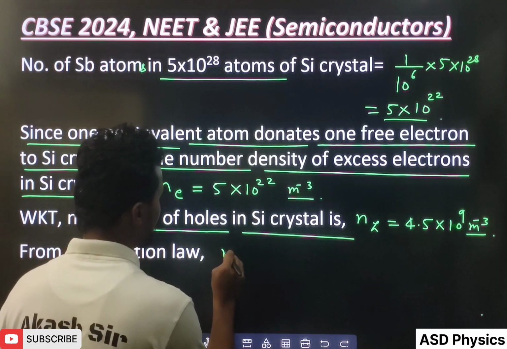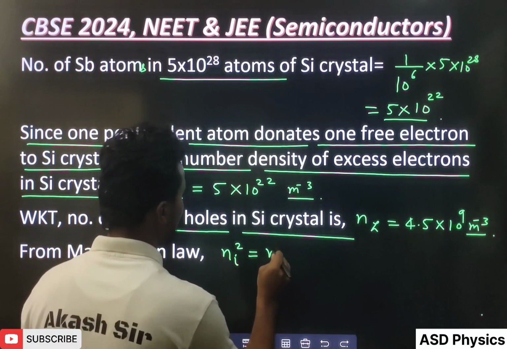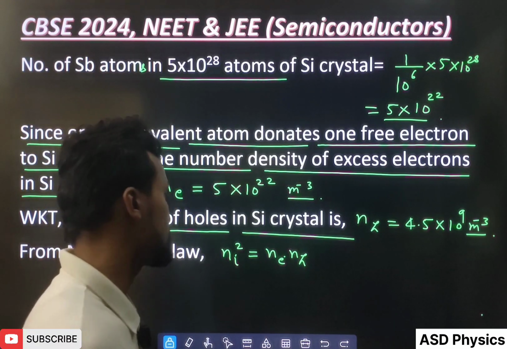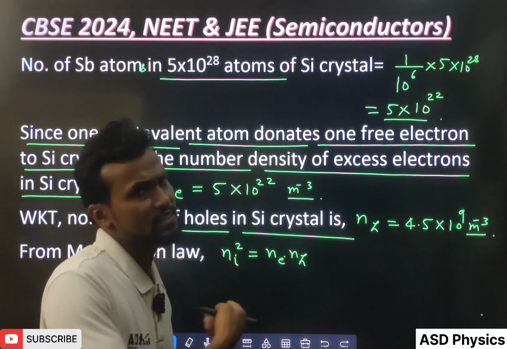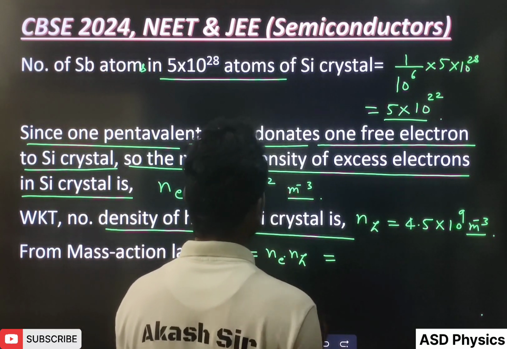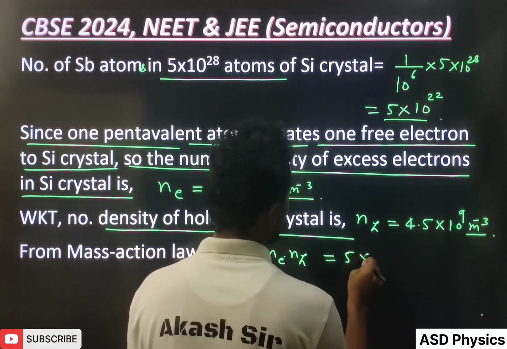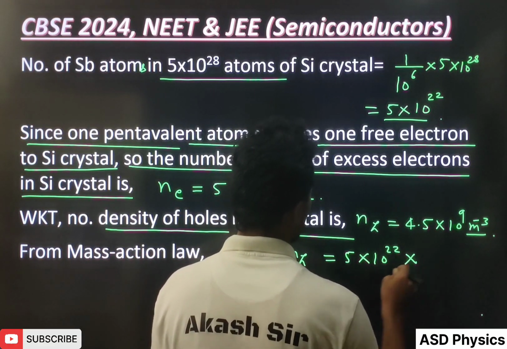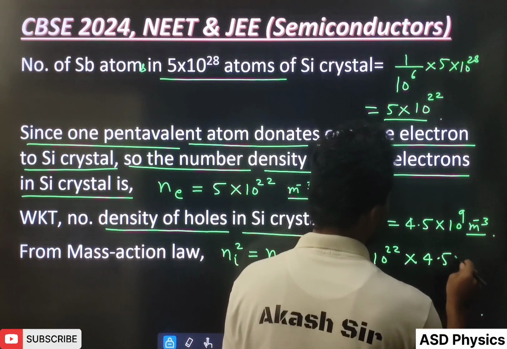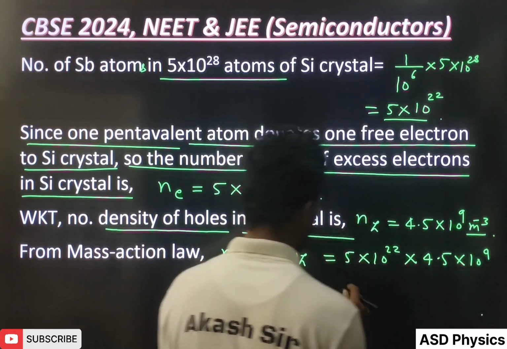According to the mass action law, Ni square is equal to Ne into Nh, where Ni is the intrinsic carrier charge density that we have to calculate. Ne is 5 into 10 power 22 and Nh is 4.5 into 10 power 9.